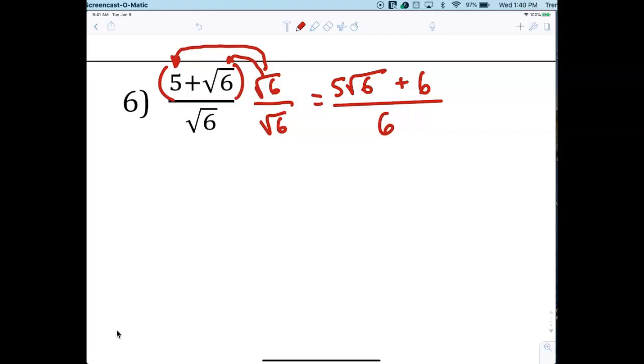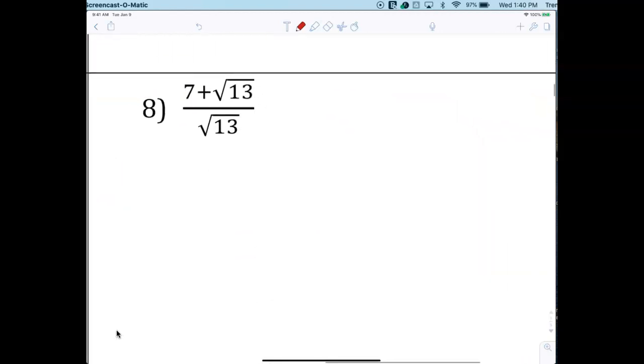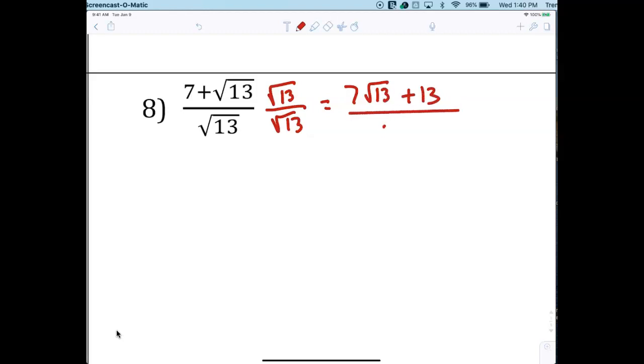Anybody have any questions? All right, here we go. Number 8. What am I doing? Multiplying by radical 13. And that is nothing to it.